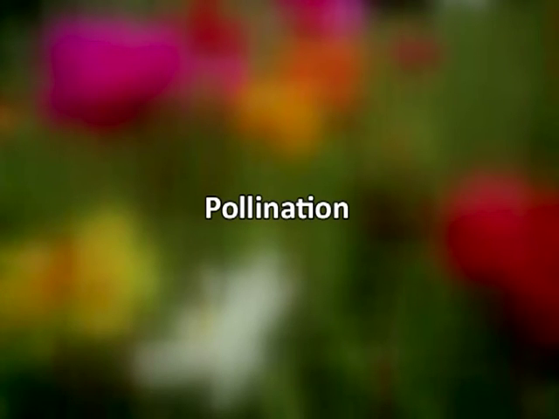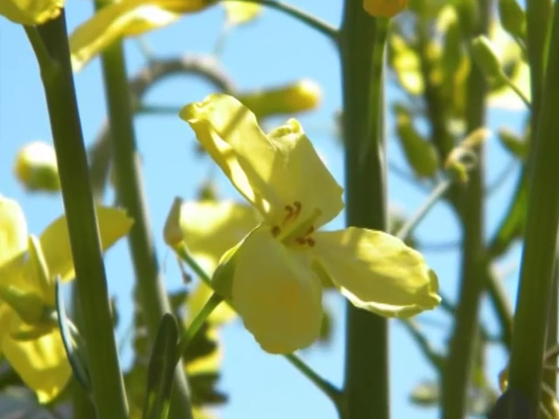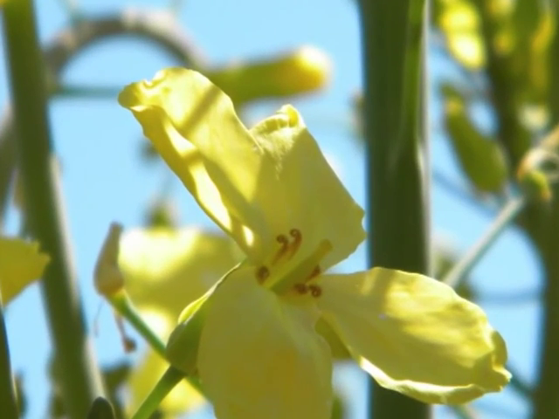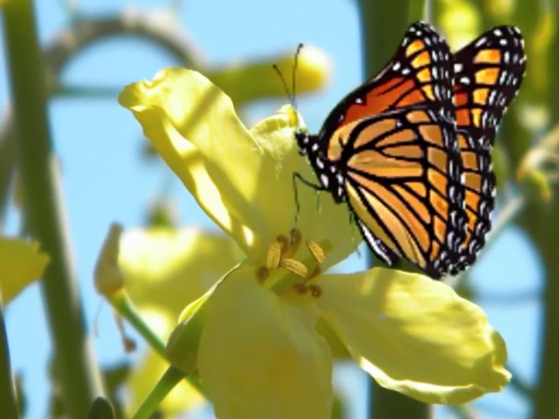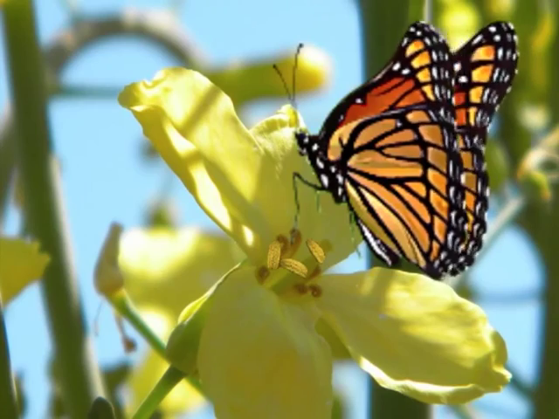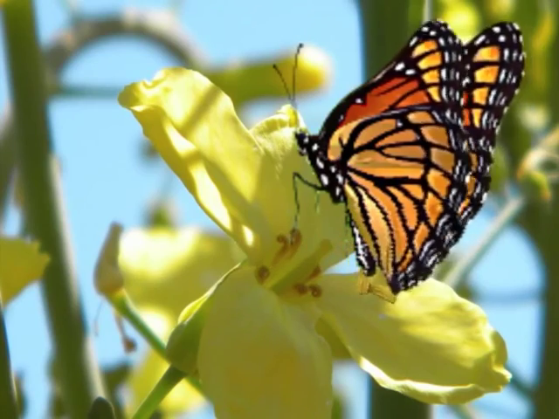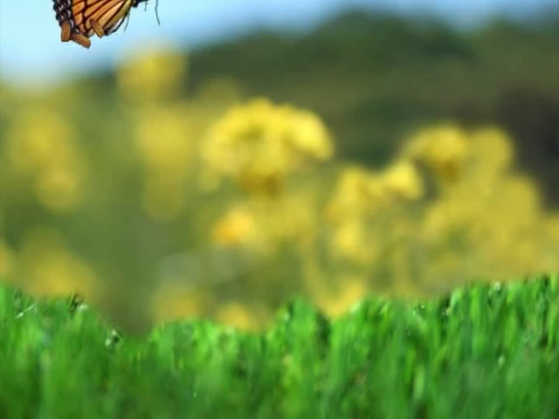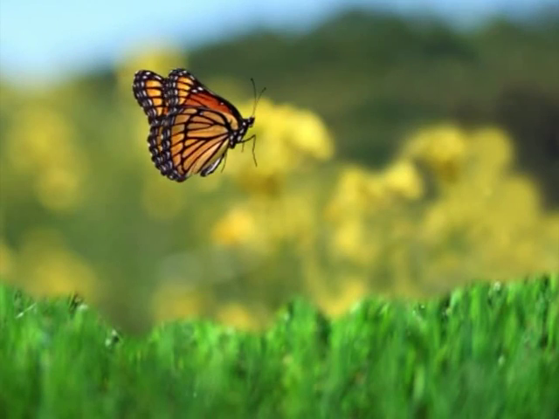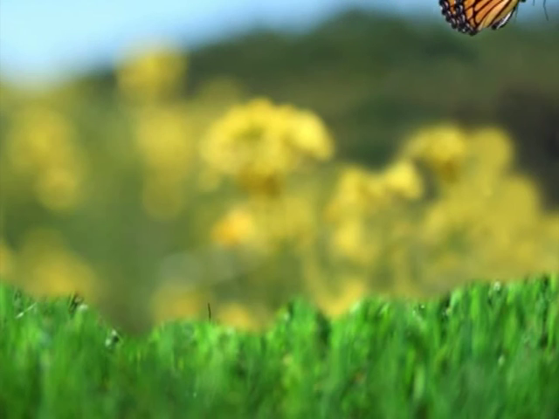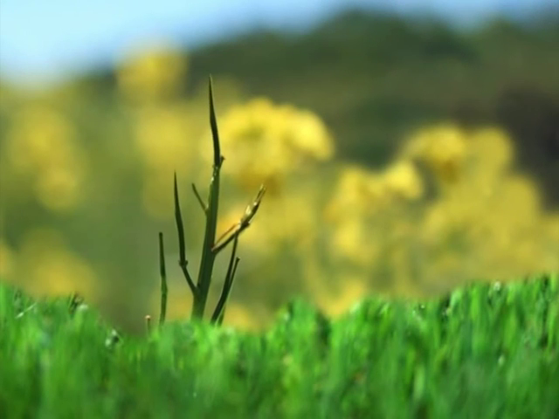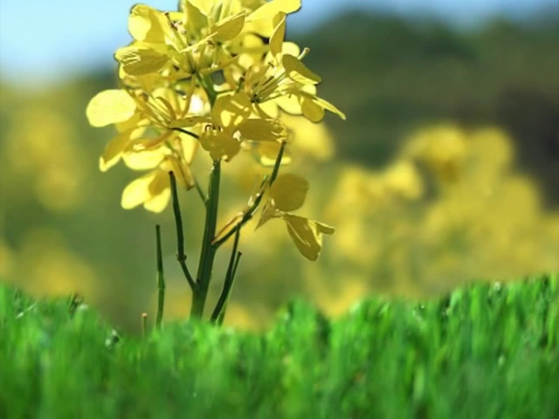Now we will see the pollination. Pollination is actually the transfer of pollen from anther to stigma. Many plants favor cross-pollination. So, pollen of one plant must be transferred to the stigma of another plant if sexual reproduction is to take place. Some flowers rely on the wind to carry pollen grains, while others rely on insects.